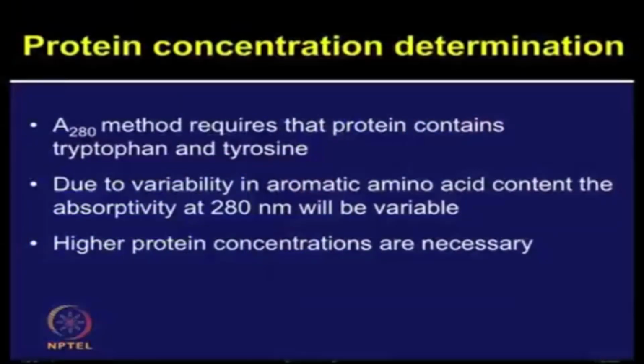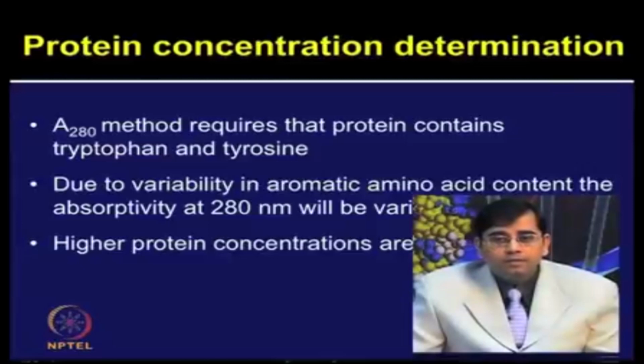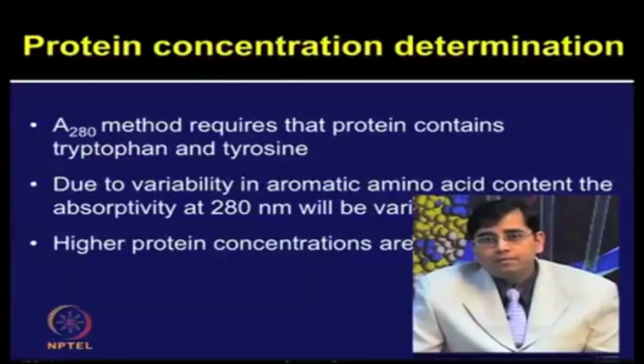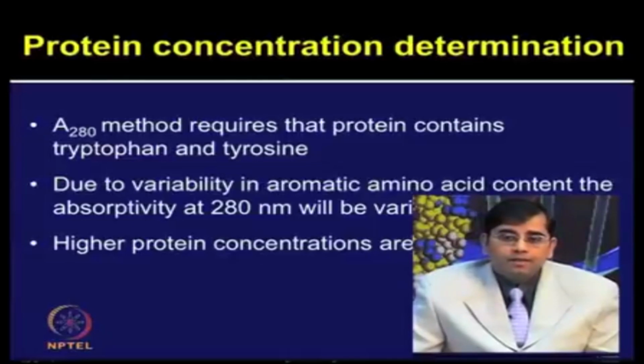Since the protein samples will have variability in overall amino acid content, the absorptivity at 280 nanometers will be a variable factor for this type of method. Also, if you need very high protein concentration for your protein preparation, for your proteomic applications, then this method is again a limiting factor.